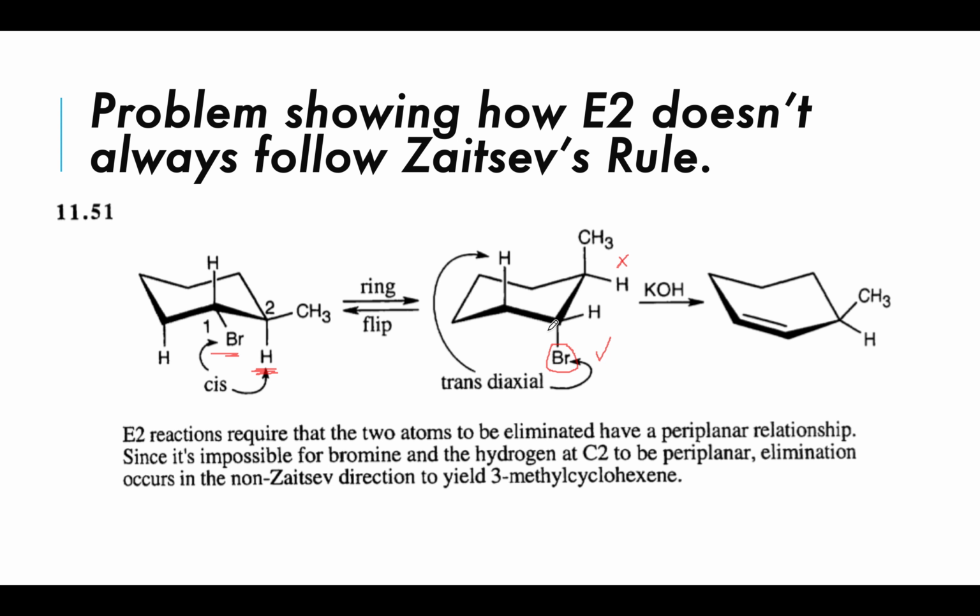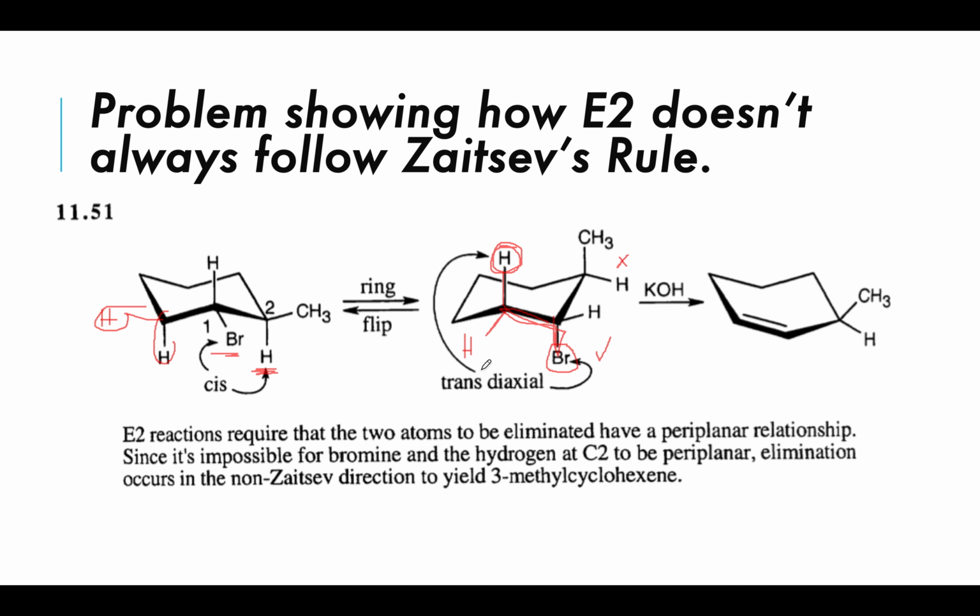But if you look at the proton here, or here, you have two choices. If we ring flip, this proton goes up here, and this now is anti-periplanar to your bromine.